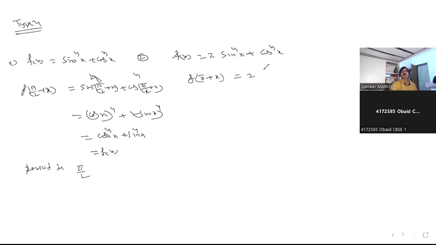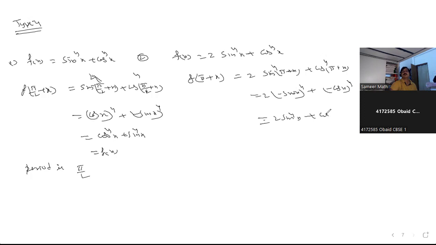Pi plus x, if you take here, 2 sine to the power of 4, pi plus x plus cos 4, pi plus x. Of course this is minus sin x, but due to that power 4, it becomes positive. So 2 sine to the power of 4x plus cos to the power of 4x. Right, you got f of x. What is the period of this one? The period here is pi. Here it is pi, here it is pi by 2.